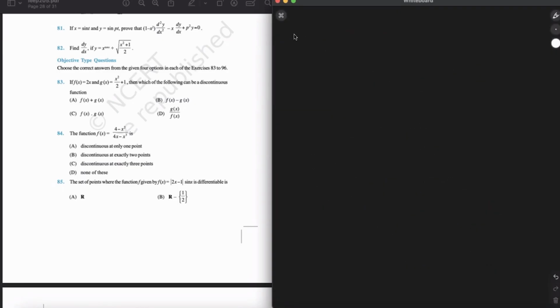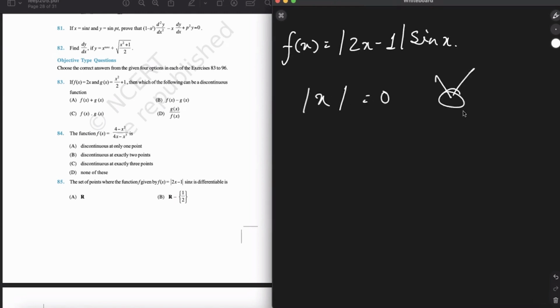So the function f given to me is fx equals mod 2x minus 1 times sine of x, and we check whether it is differentiable. Okay, so this will always be differentiable, but not at the point when mod of something is equal to 0, where we get a kink.